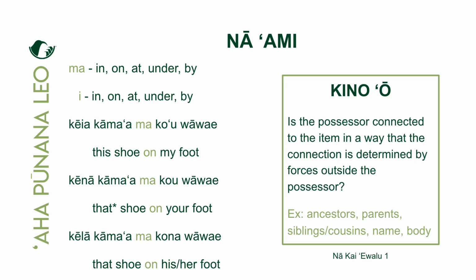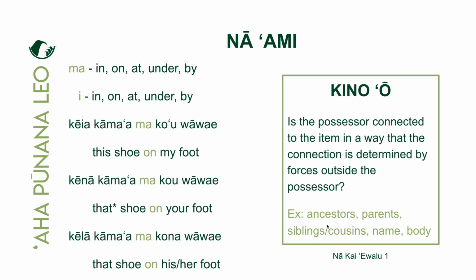If the answer to that is yes, then words like our kupuna, our makua, our siblings and our cousins, our name, our body parts, things that come from our body, that is kino o.